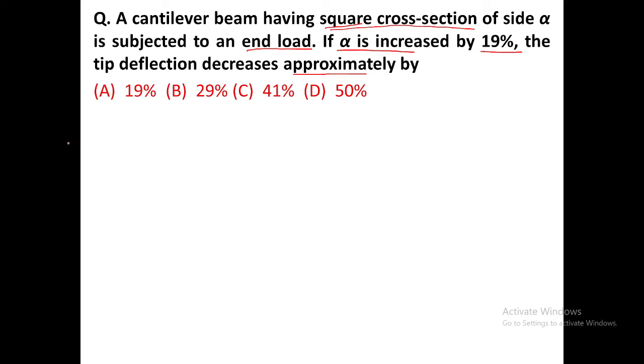So first is the cantilever beam. So end load, it is a square section. So side is alpha and alpha.